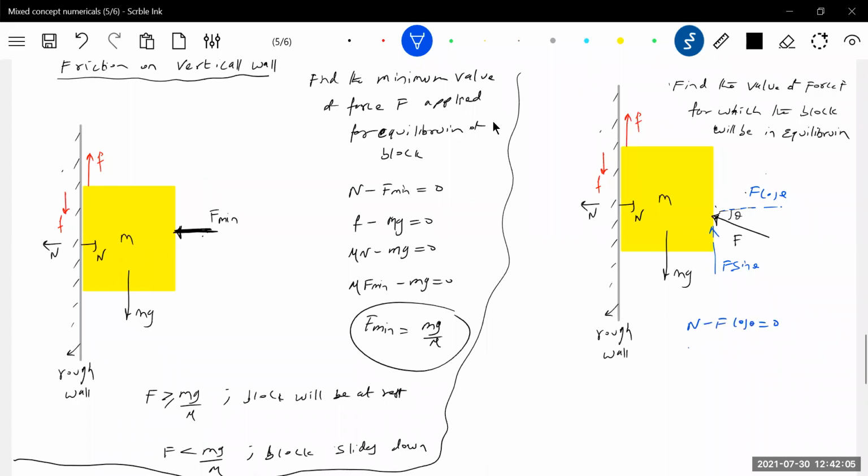The frictional force will be acting upward, I assumed. f plus F sin theta minus mg equals 0. f equals mu N, equal to mu F cos theta.